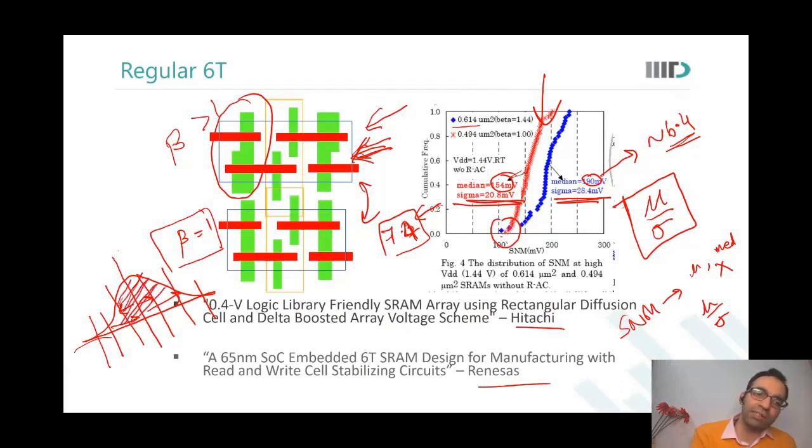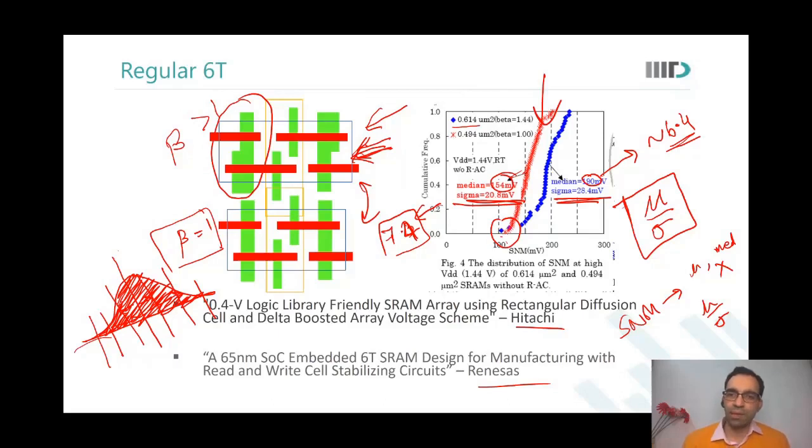Then only this kind of cells were functional. Other cells would have SNM equal to 0. But if mu by sigma was 2, then I add these into functional cells. If mu by sigma was 3, even these cells become functional. So greater the mu by sigma, higher the yield.